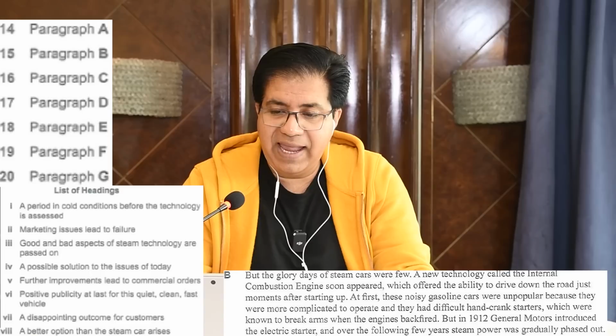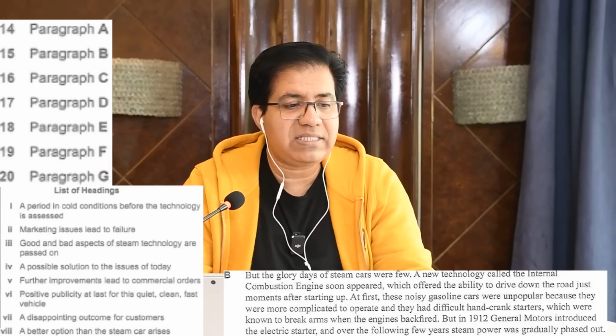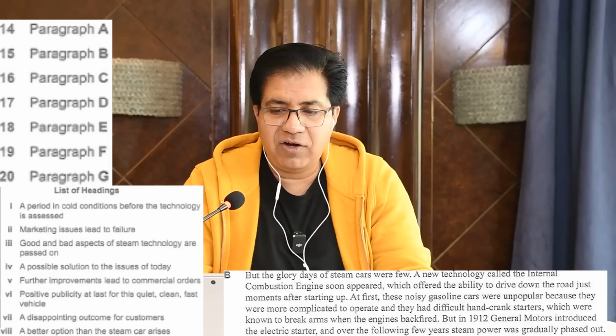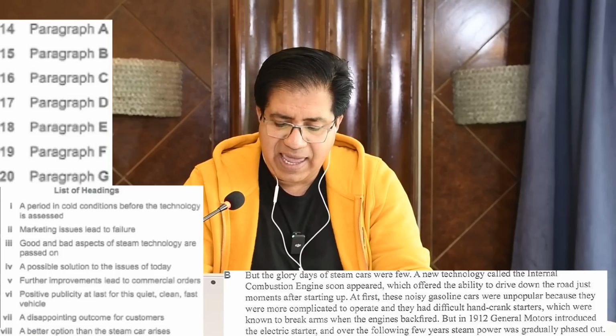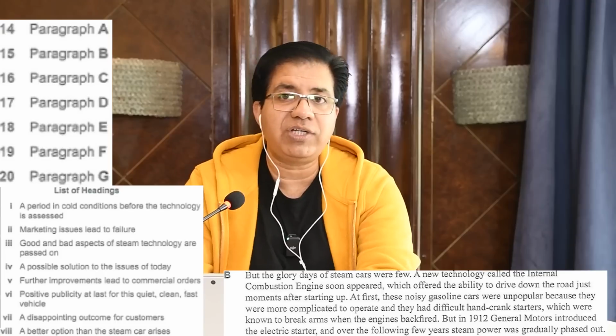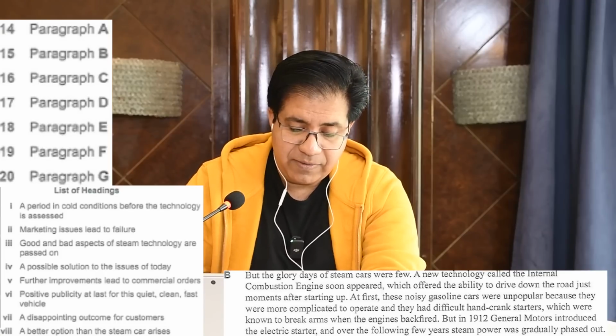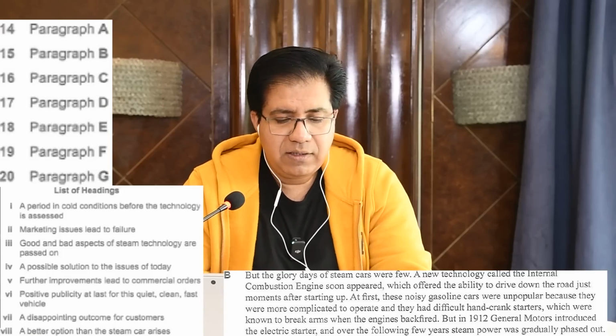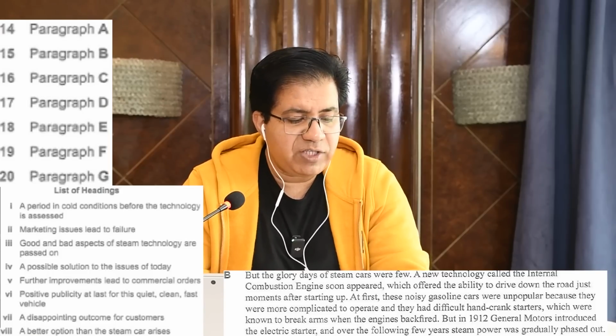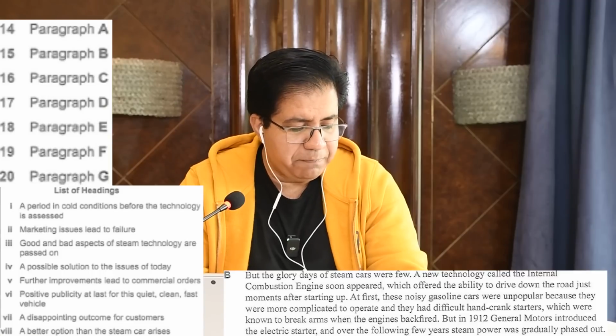Better option than steam car arises. Well done. Better option than steam car arises. So heading number 8 is the right answer for question number 15. Question number 15 is paragraph B. Okay. So we are done with 2 paragraphs, that is E and B.